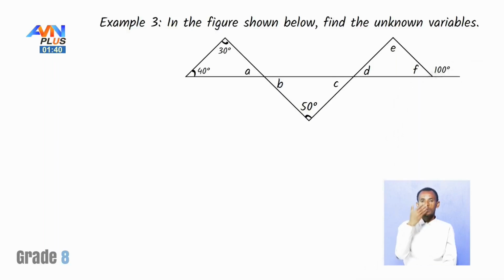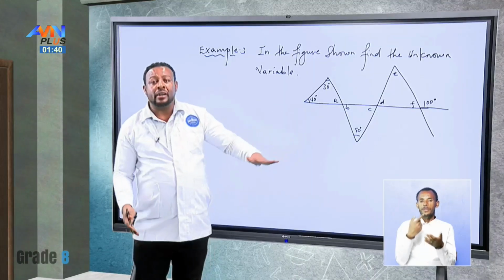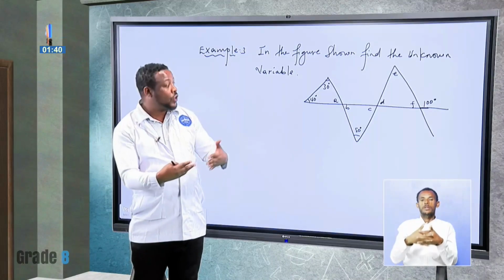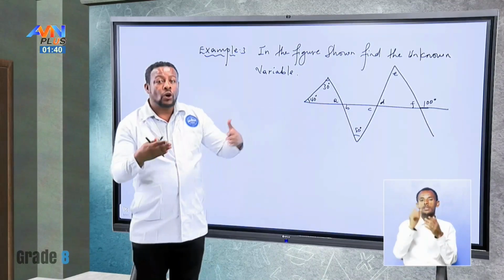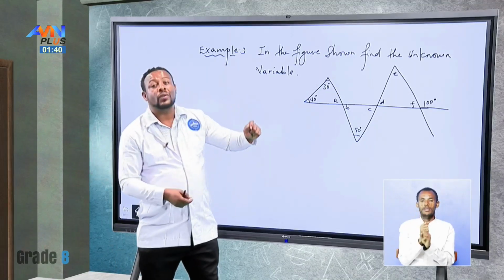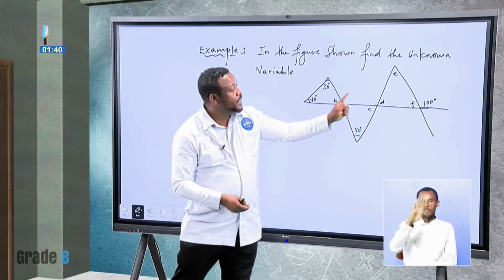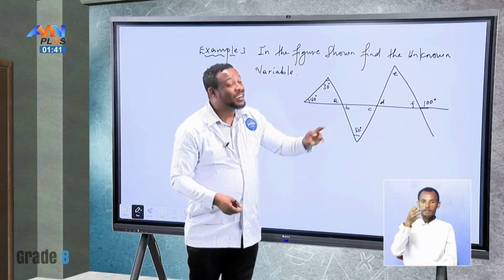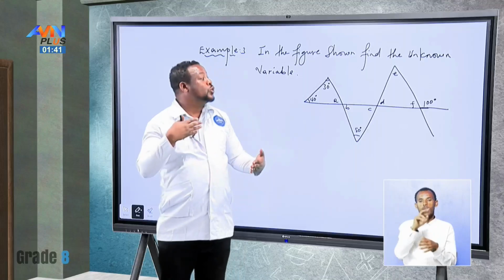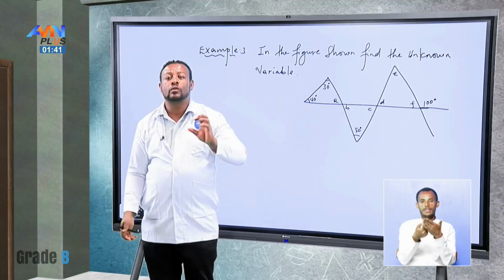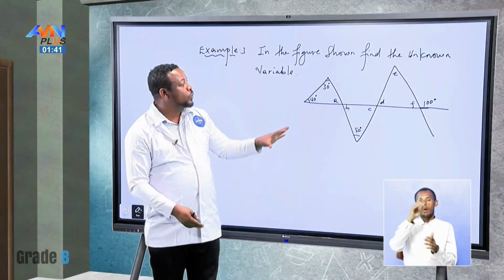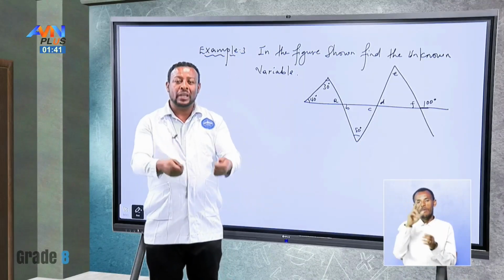In this figure, we have different combinations of triangles connected in this manner. In this example, you are asked to find the unknown variables A, B, C, D, E, F. There are around 6 unknown variables in this figure, and you are asked to calculate them, right? So take 1.5 minutes to calculate the unknown variables, then we will see it together.